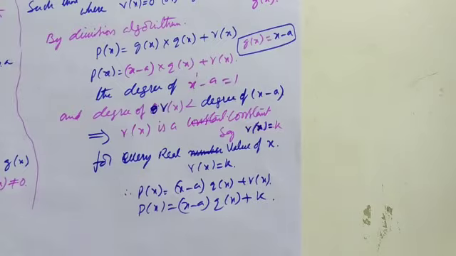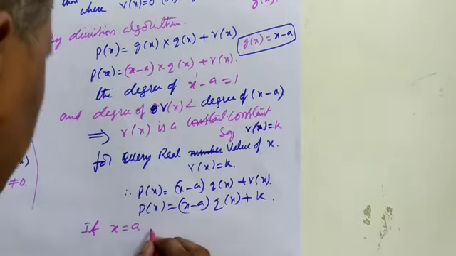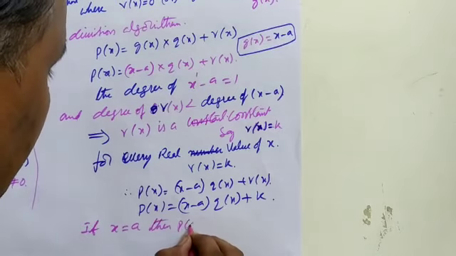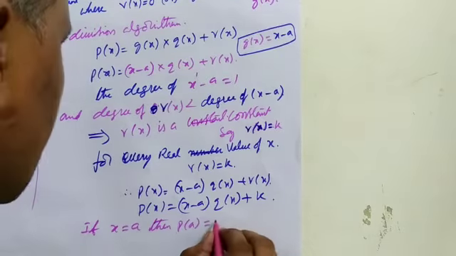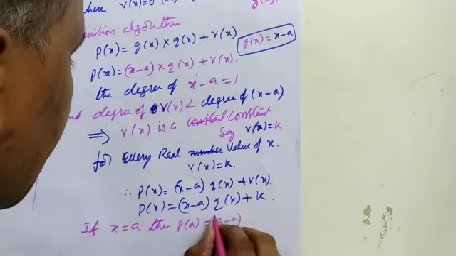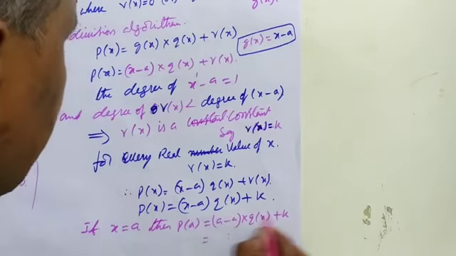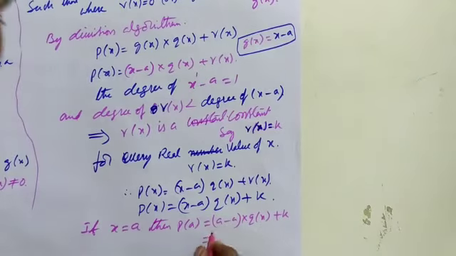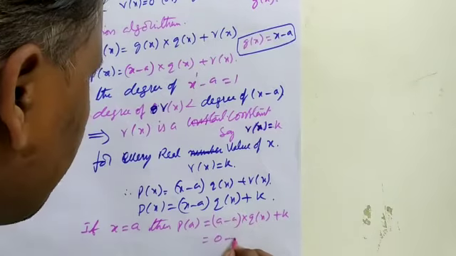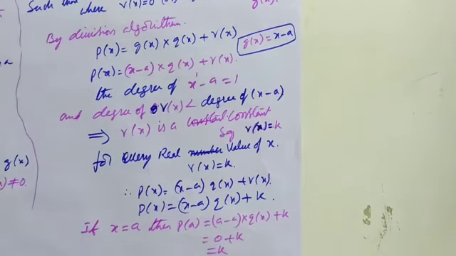Now if x is equal to a, then p of a is equal to a minus a into q of a plus k. Zero into anything is 0, so 0 plus k is k. Hence proved.